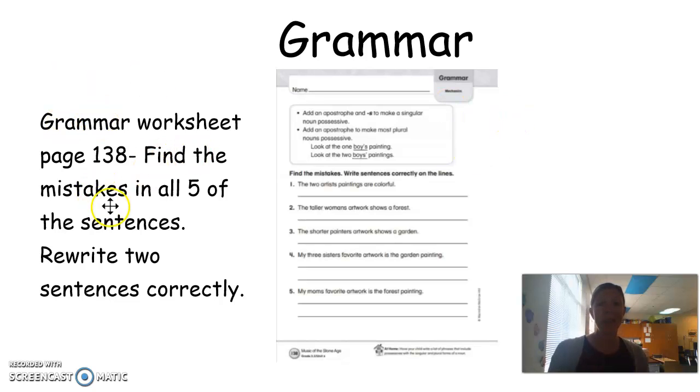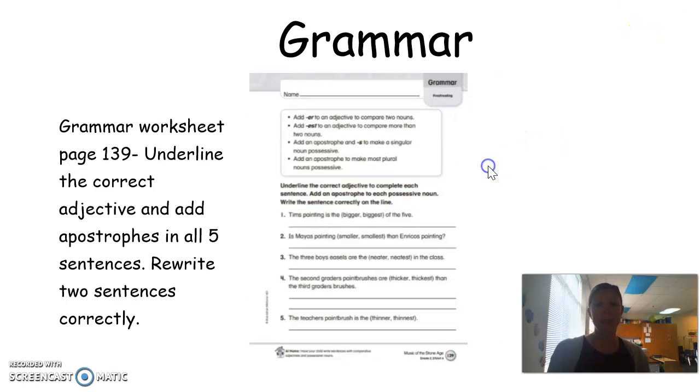So find the mistakes in all 5 of the sentences, but you only need to rewrite 2 of the sentences correctly. All right, and the same with page 139, okay? Underline the correct adjective and add apostrophes in all 5 sentences. So number 1 says, Tim's painting is the bigger of the 5, or Tim's painting is the biggest of the 5.